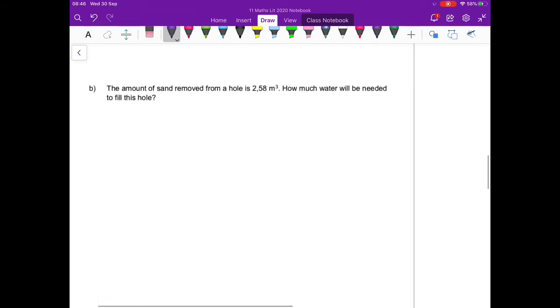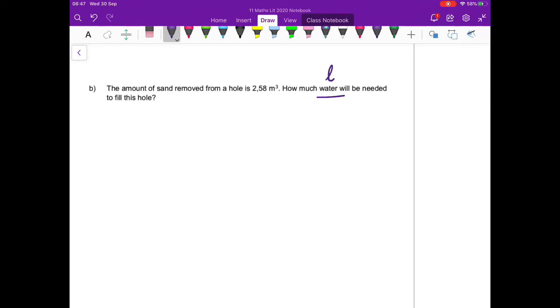The second one, the amount of sand removed from a hole is 2,58 meters cubed. So the dimensions came to 2,58 meters. How much water will be needed to fill this hole? So water is liquid, which is capacity.